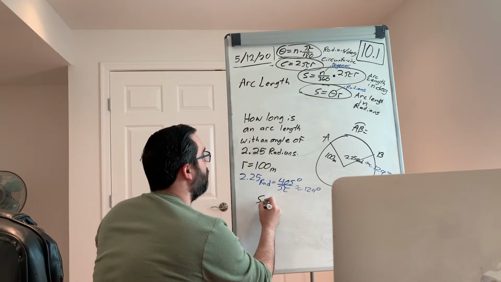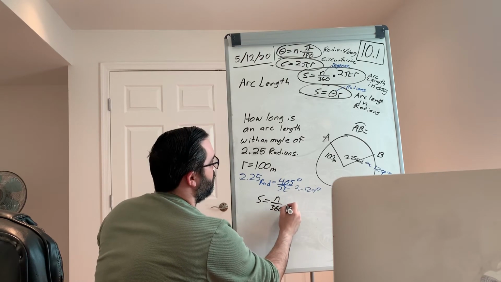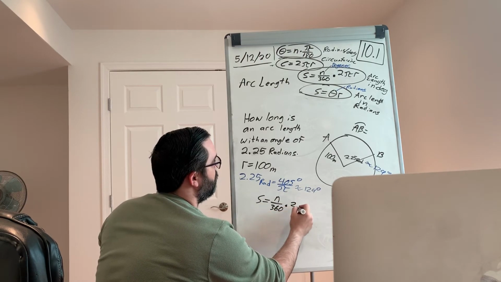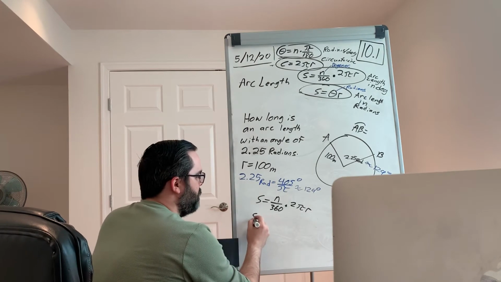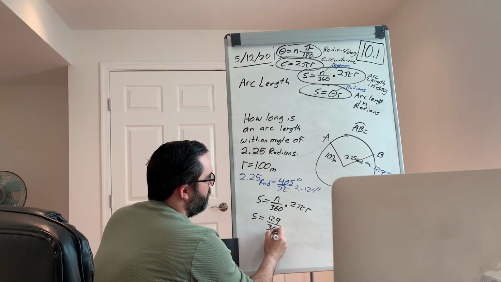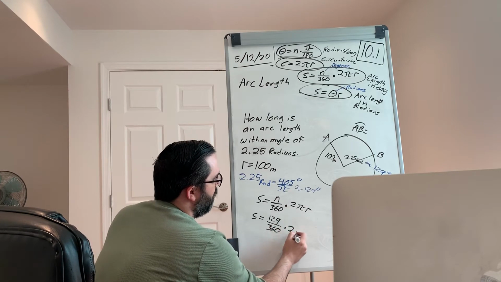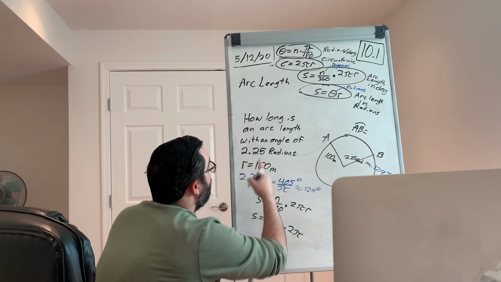S equals n over 360 times 2 pi r. We know what n and r are now, so S equals 129 over 360 times 2 times pi times 100.